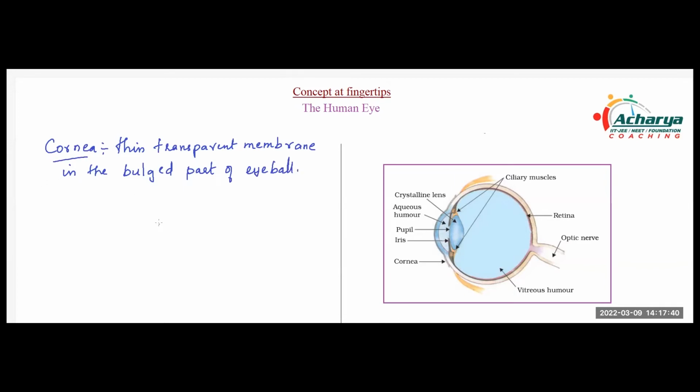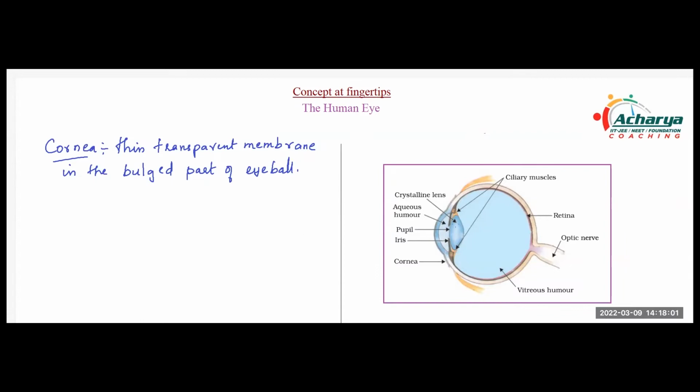So the cornea is the first section we see in the picture of an eye. When light enters the eye, it will first pass through the cornea.